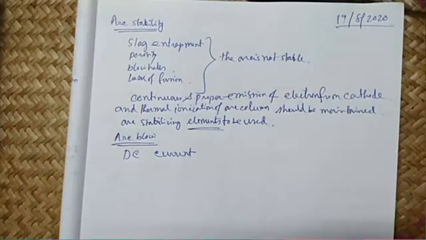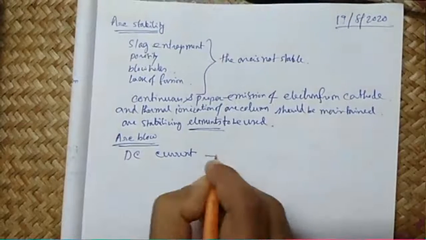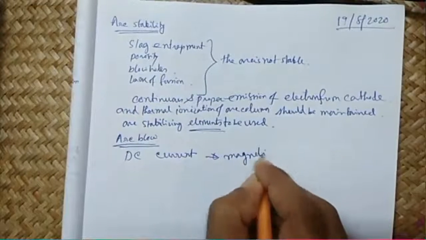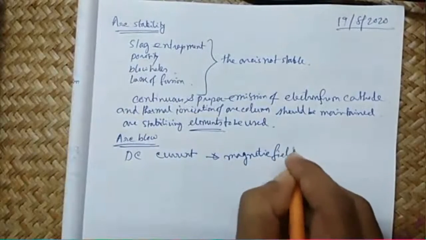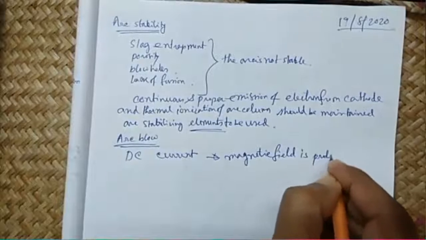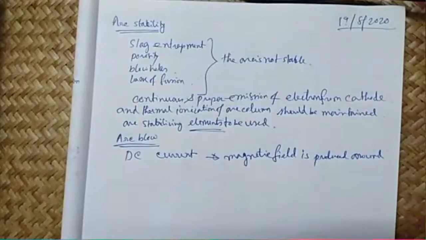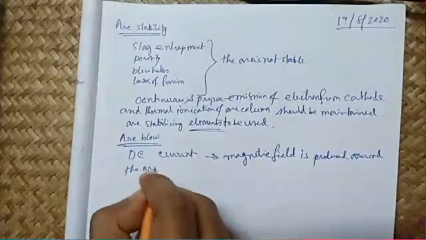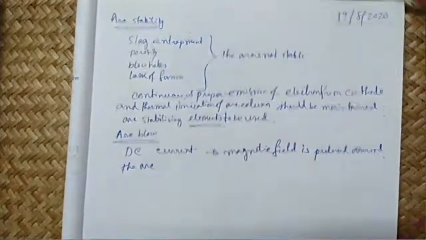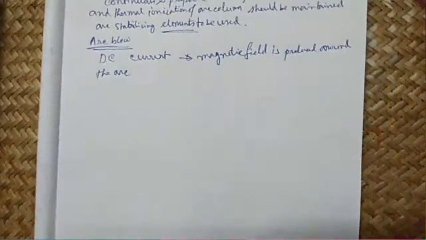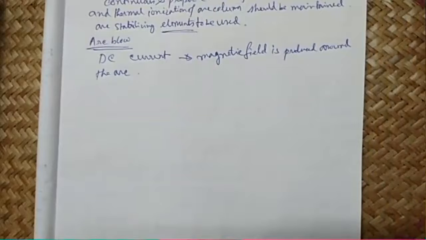I mean, a magnetic field is produced around the arc.